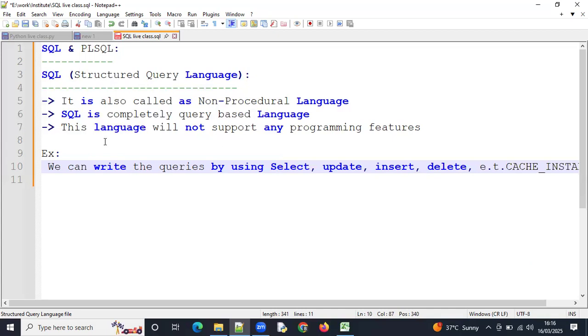I have mentioned only a few just for example and understanding. We have so many keywords in SQL which we are going to cover in our upcoming sessions.